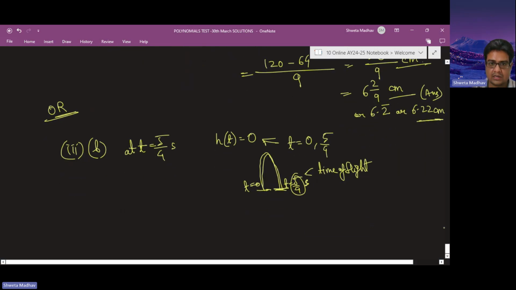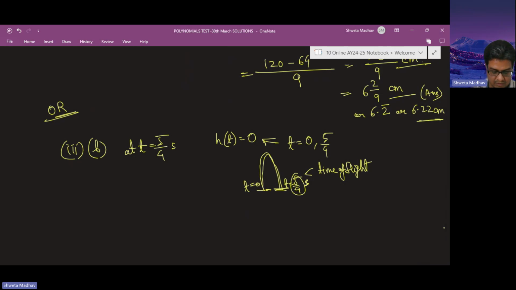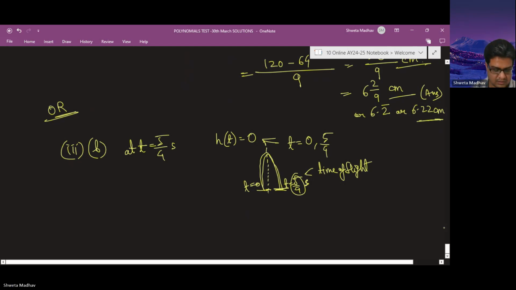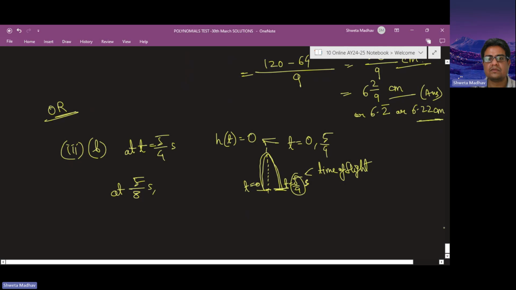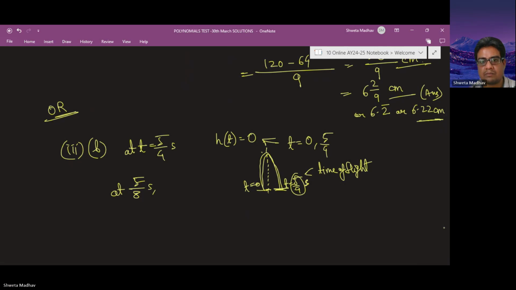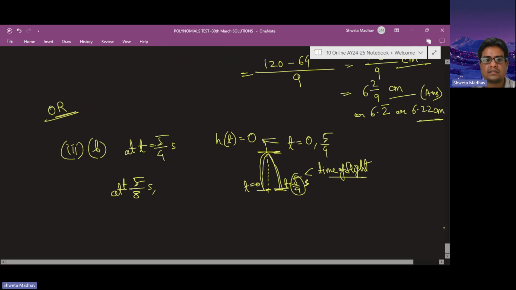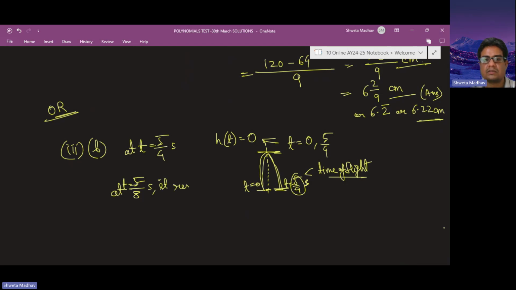So how much distance has the dolphin covered before hitting the water level again? At 5 by 8 seconds, which is half of the time of flight, it will reach the highest point. So at t equal to 5 by 8 seconds, it reaches the maximum height.